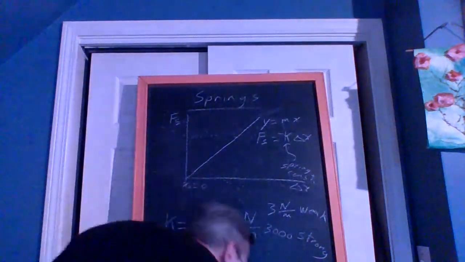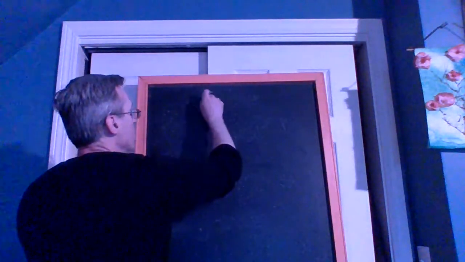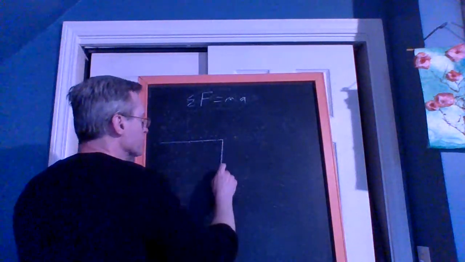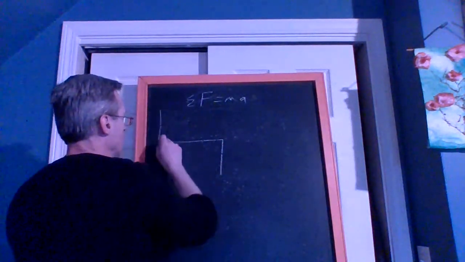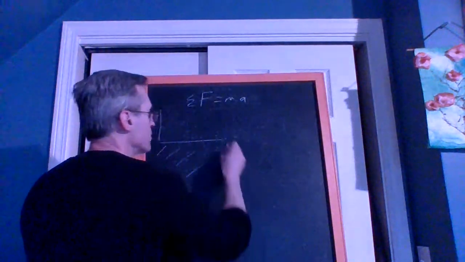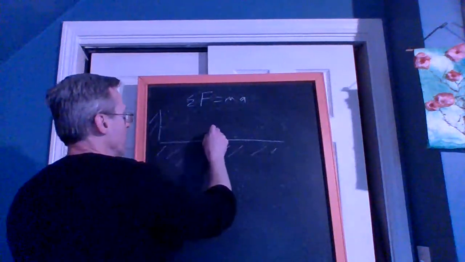Now, let's get a little more advanced and talk about Newton's second law of motion, which says that F equals ma. Let's say I have a situation like this: some sort of table, and a spring attached to the wall.